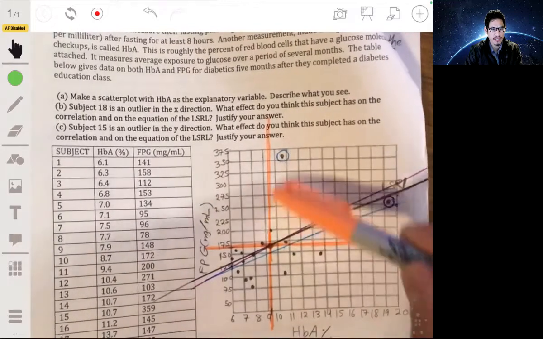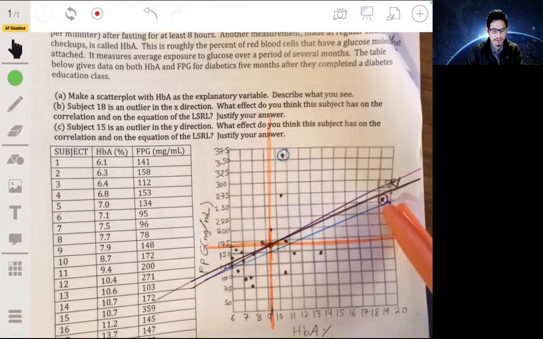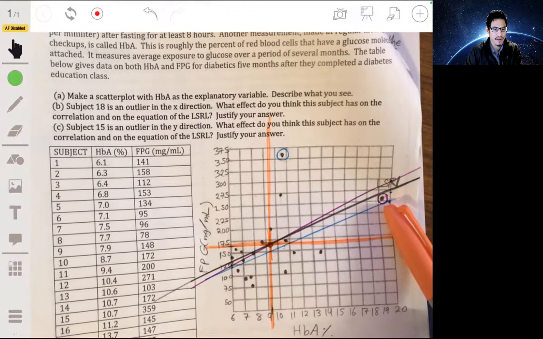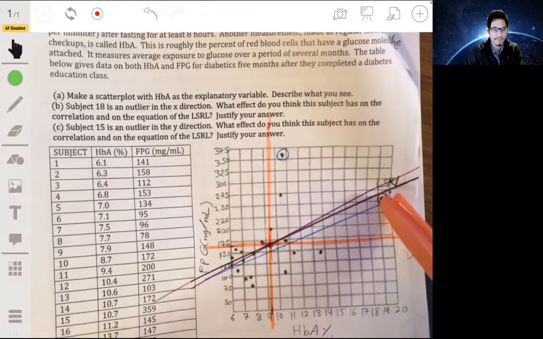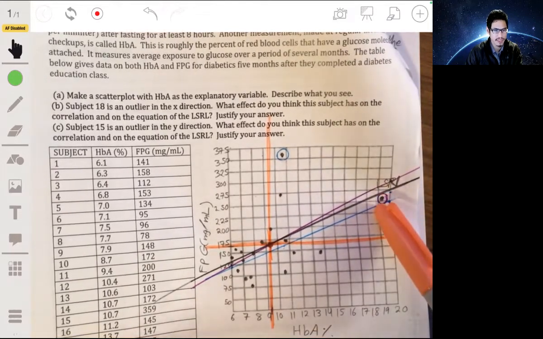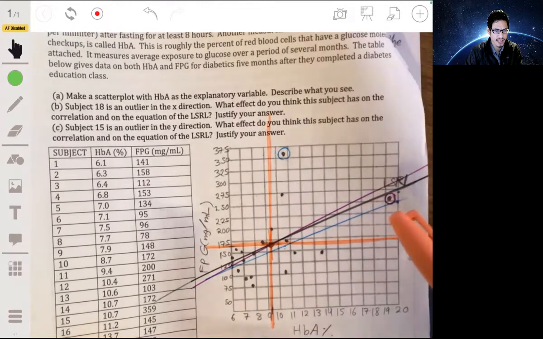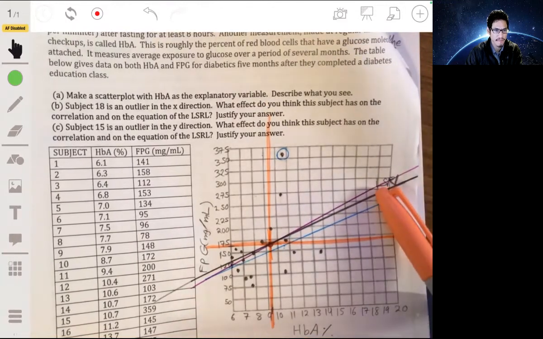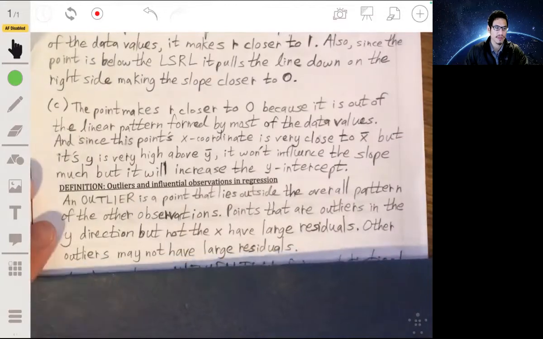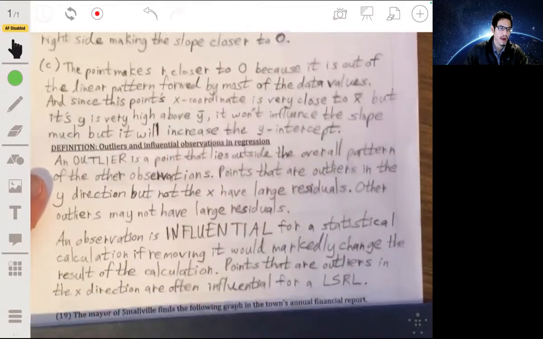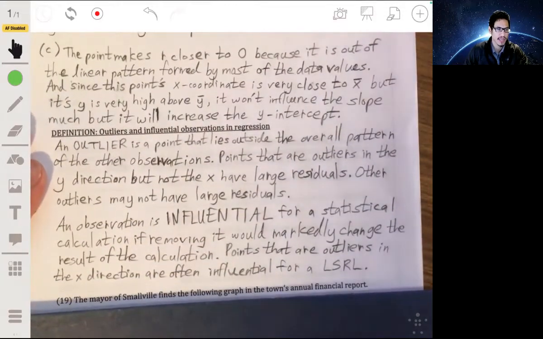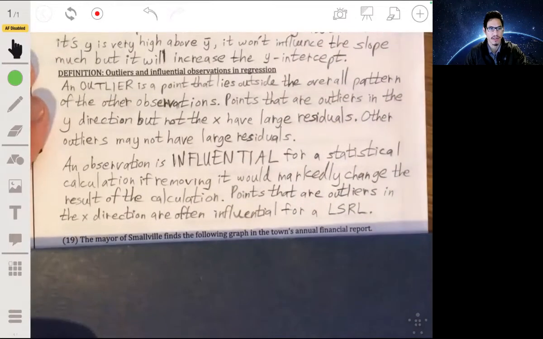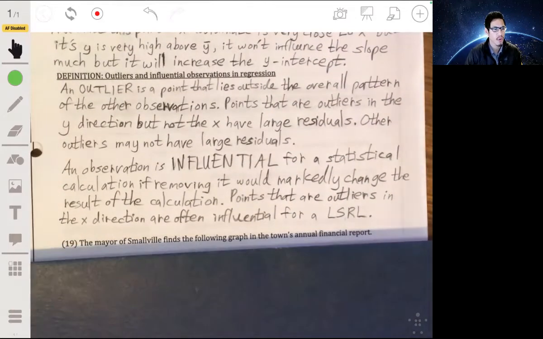If they're outliers in the y direction but not x, like this one, they have very large residuals, as you can see. But this one was an outlier in the x direction and doesn't have a large residual, but still it's an outlier, which is kind of counterintuitive because it's close to the line. When you have an outlier that will change the statistics, like the slope or the correlation coefficient, we say it's influential.